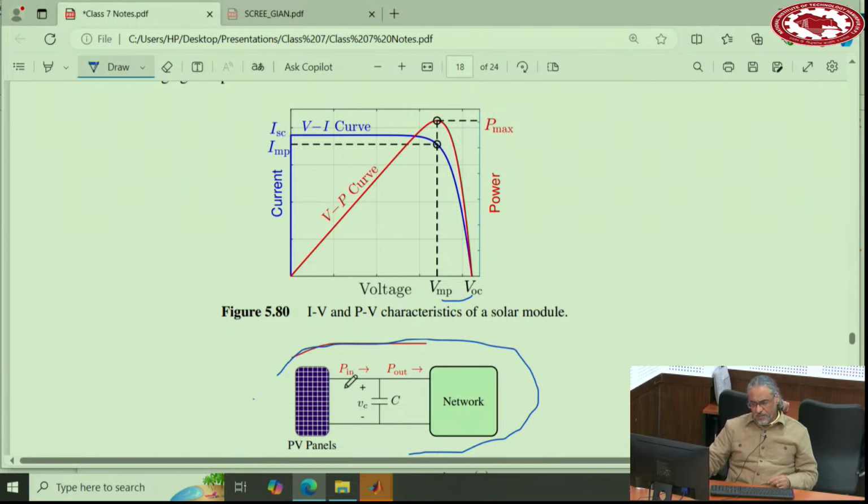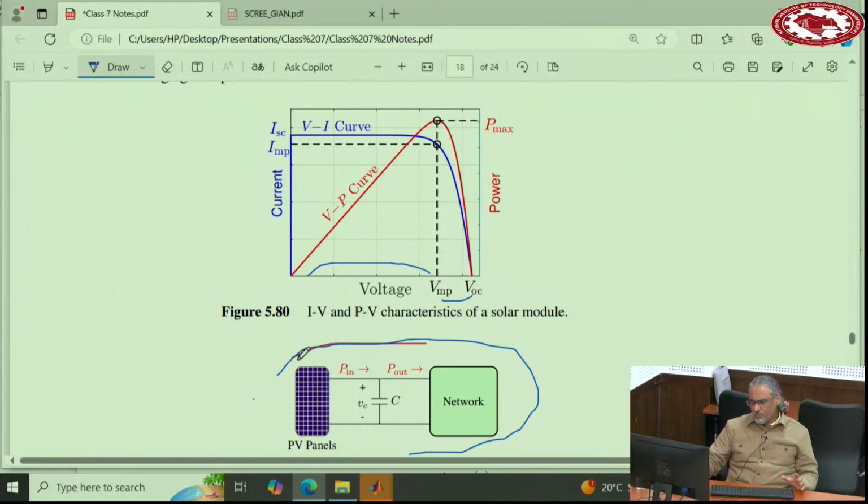But if it turns out that this voltage is on the left side of this one, in other words here, then it's not going to operate in a stable way. In other words, on the right side of the maximum power point, the system is inherently stable. On the left side of the maximum power point, the system is inherently unstable.